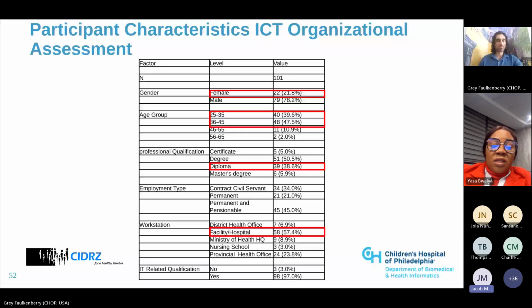In contrast to the nurses' needs assessment, which included more females than males, the ICT assessment reveals a predominance of males in the field of ICT. Next slide.